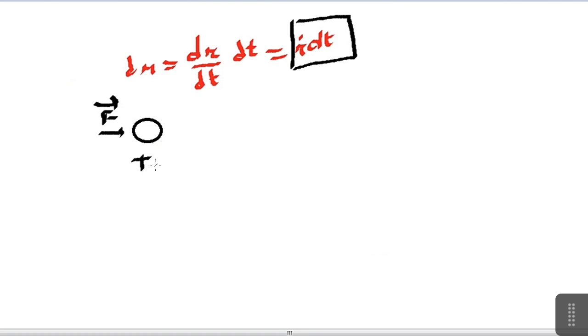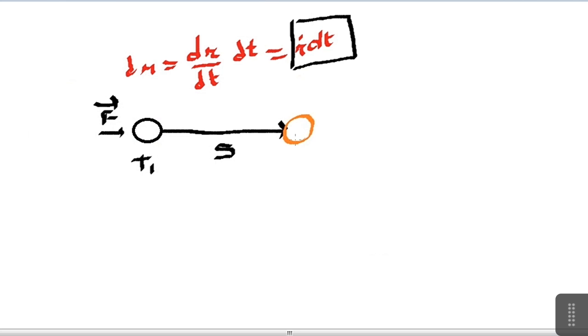Initially this T1 is not coming from this F. Now the F moves this ball till a particular distance S. So now the ball reaches here.